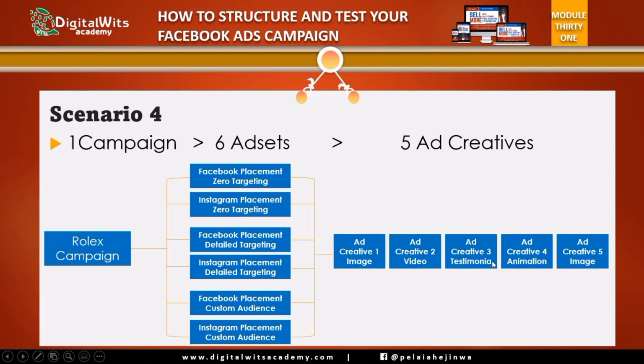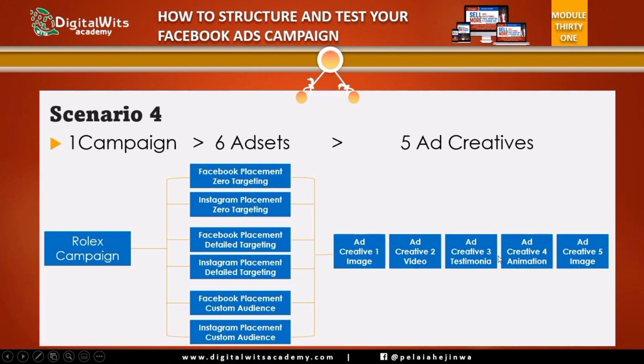So you are now checking a combination of these ad creatives against each ad set. I hope you understand that. You are checking the performance of these 5 different ad creatives against these 6 different ad sets.